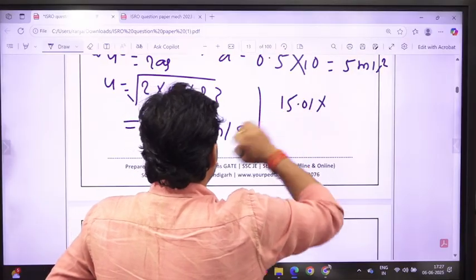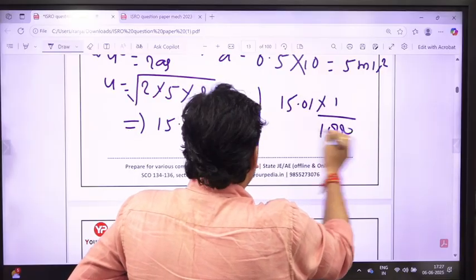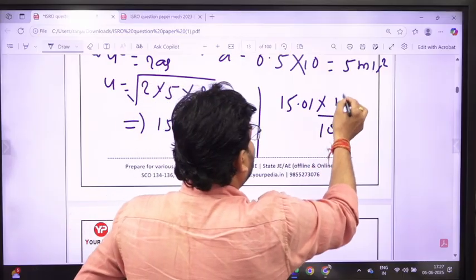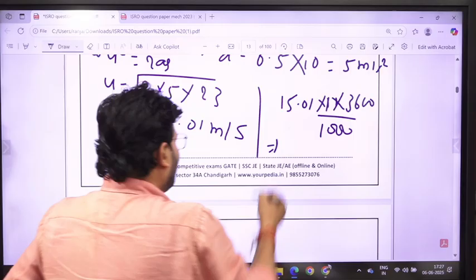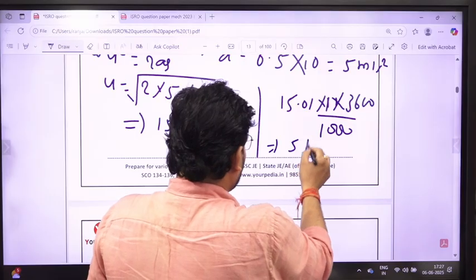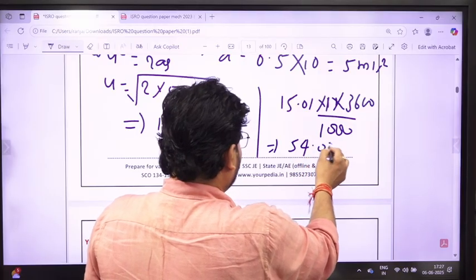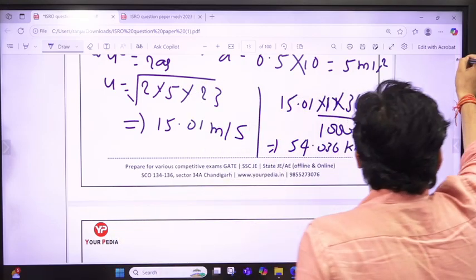Kilo means 1 upon 1000, and to convert seconds to hours, multiply by 3600. Solving that, it comes out to be approximately 54.036 kilometer per hour, which is 54.